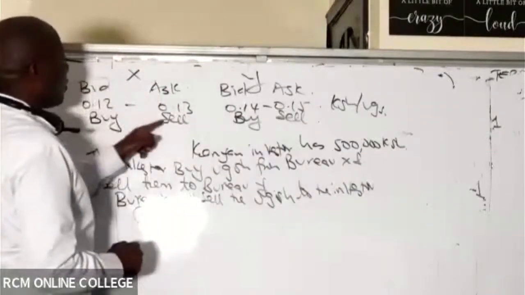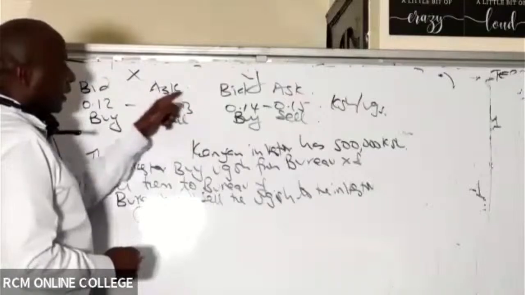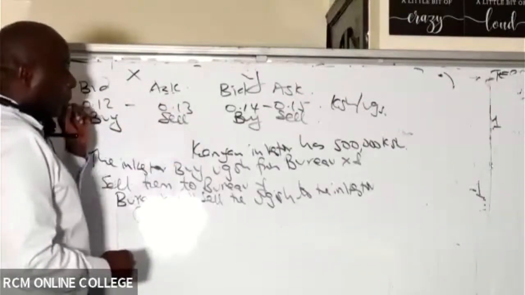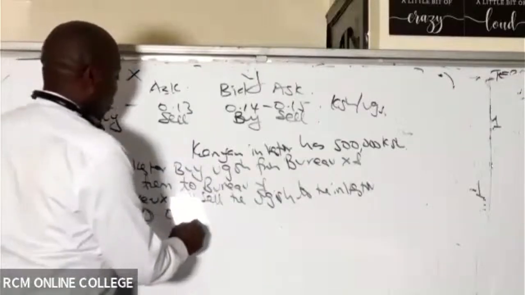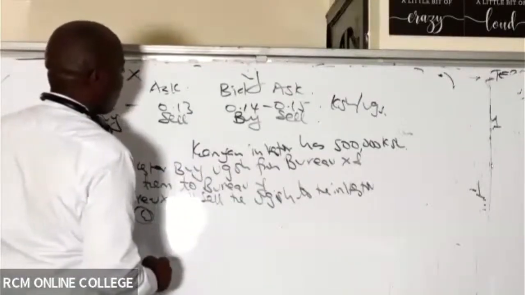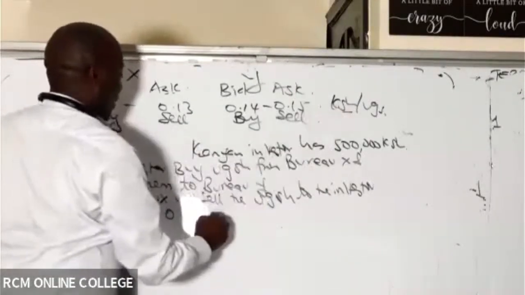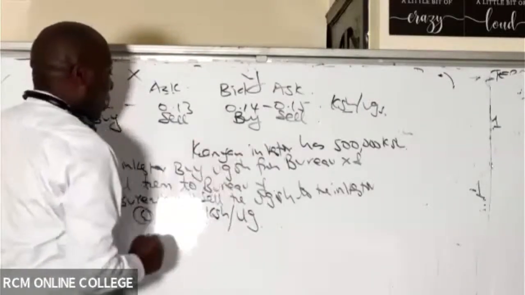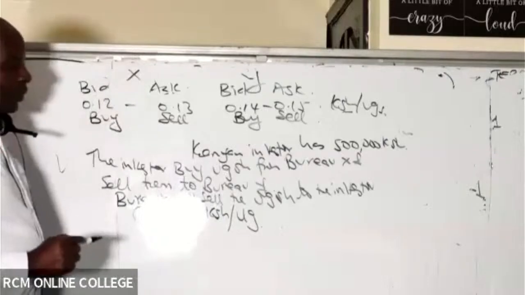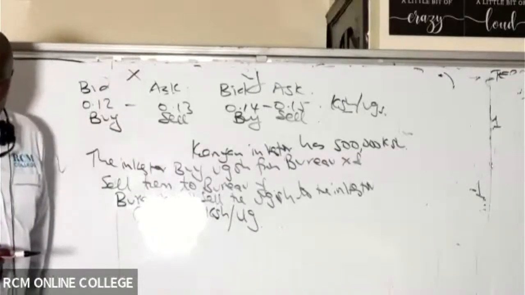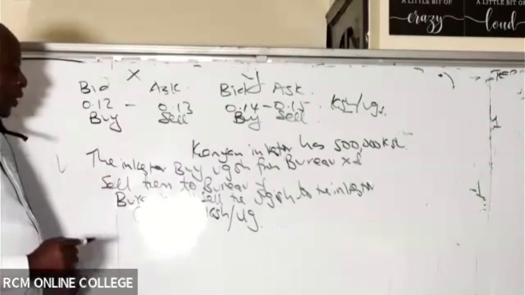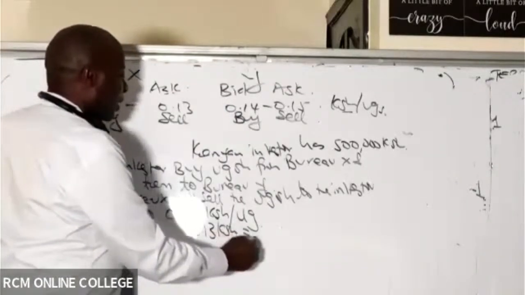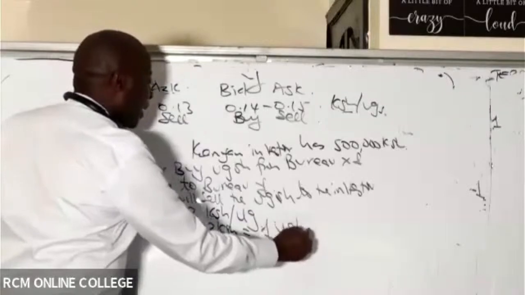Selling to the investor at this rate, because selling you have already defined: 0.13 Kenya shillings per Uganda shilling. So please go ahead and exchange. So we have here 0.13 Kenya shillings equals 1 Uganda shilling.